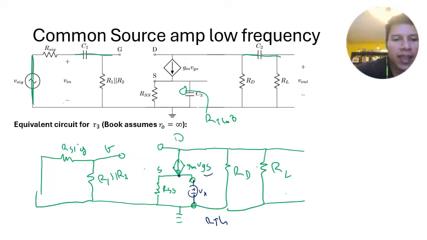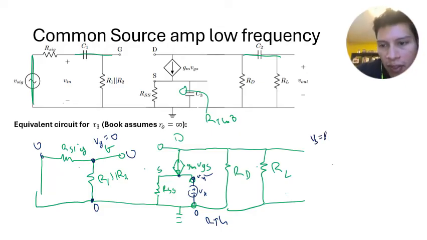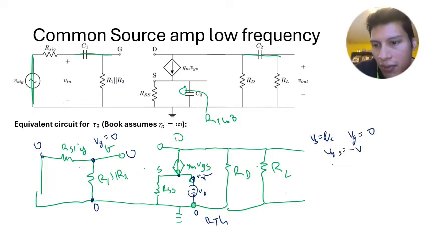In this particular case, since this is 0, and this is open, we know that Vg will be equal to 0. And additionally, we know that this is 0, so that means that this is Vx. So Vs is equal to Vx, VG equals 0, which tells us that VGS is actually negative Vx.